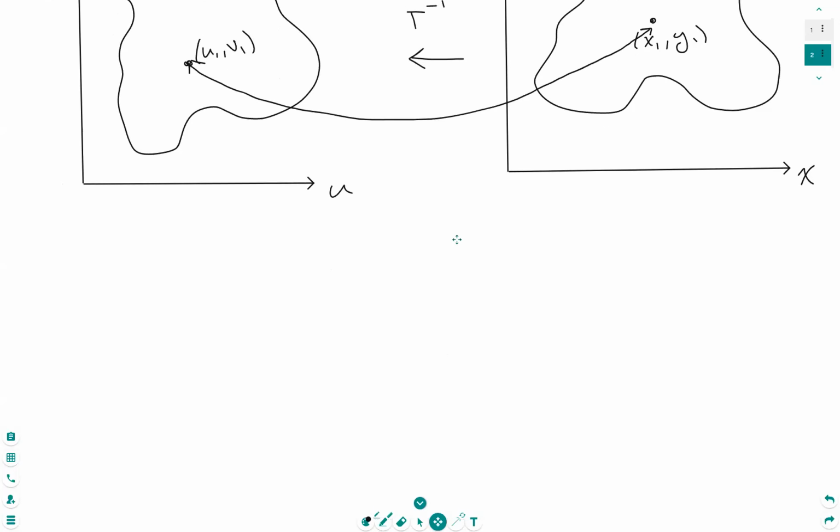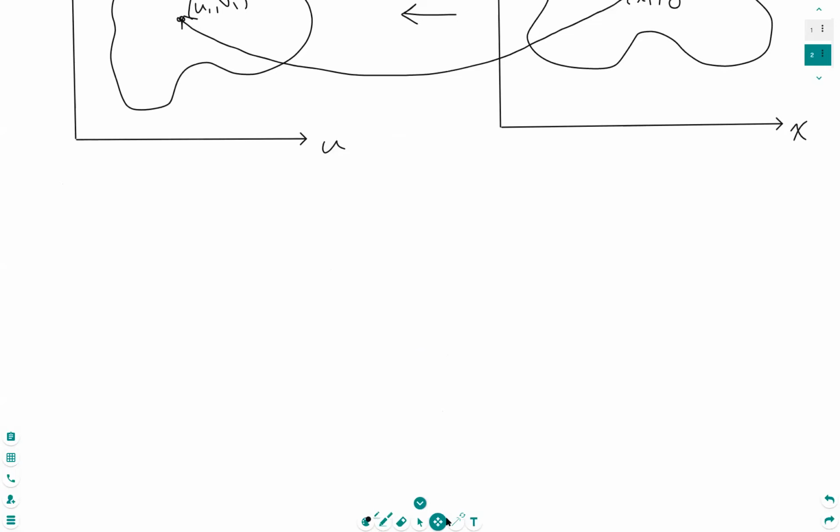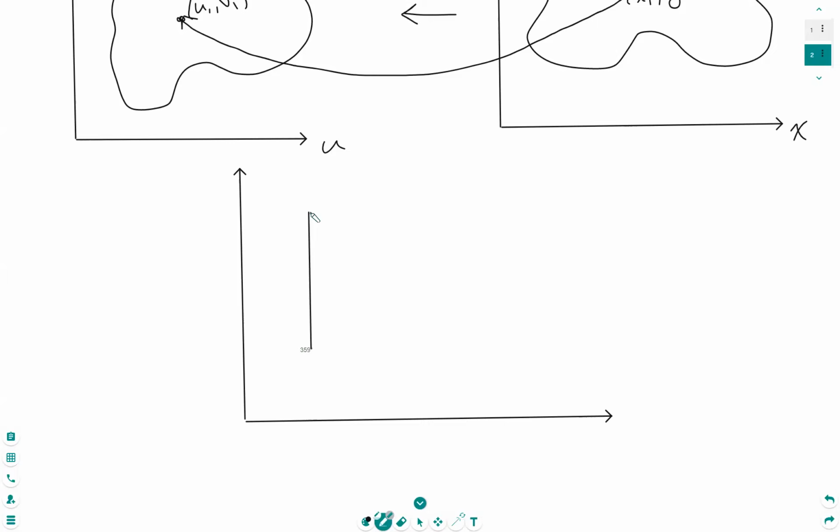So how do we figure out how this works under integration? We're going to draw another picture here. And of course, we're always going to do rectangles. Rectangles are super easy to work with. So imagine I've got some rectangle here, and we're going to see how this rectangle changes under our transform.